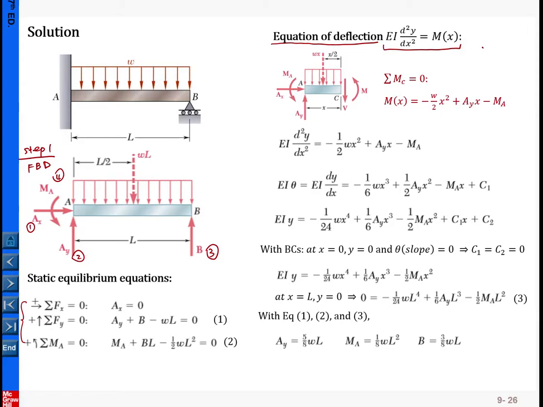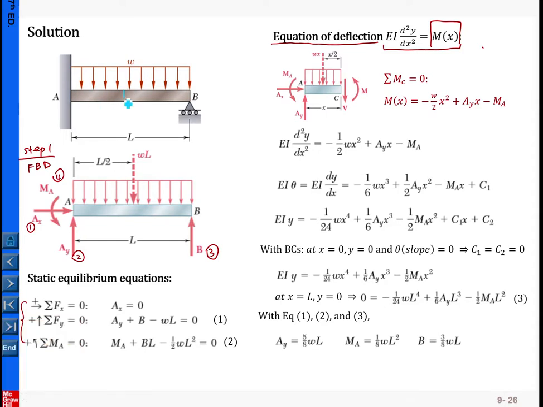Starting from here, and from the earlier exercise and what we have learned, we need to first get the moment. To get the moment, you have two ways you can try, and what is illustrated here is using the free body diagram. Let me be more specific about which portion.